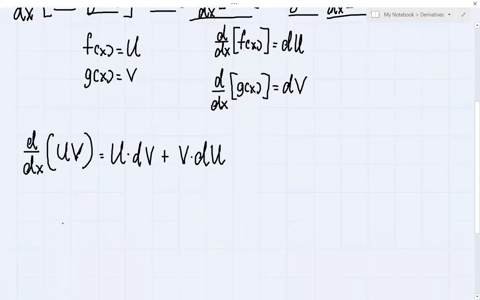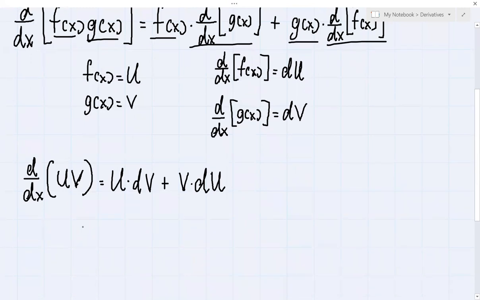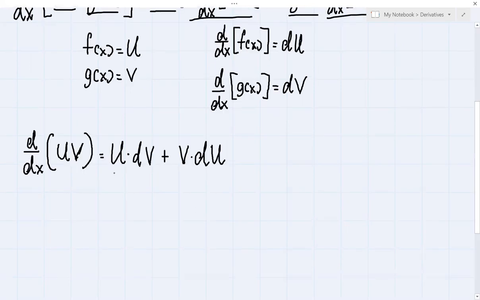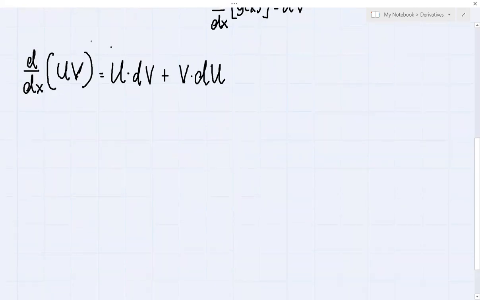So, kapag may nakita kang dalawang functions, magkadikit-dikit, tapos gagamit ka ng product rule of differentiation, you will use this formula. U times dv plus v times du, or u dv plus v du. Try nyo itong gawing mnemonic. u dv v du. Ulitin ko, u dv v du. Don't worry.